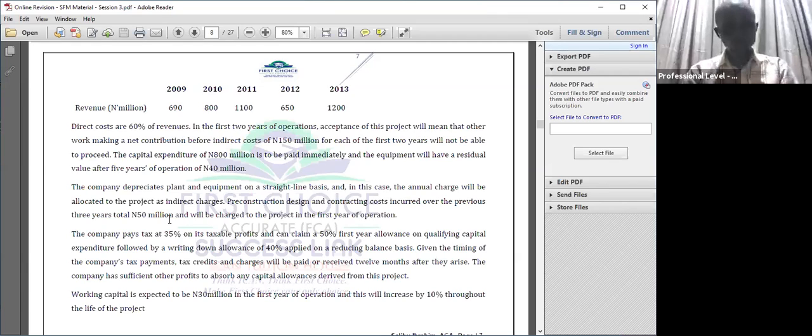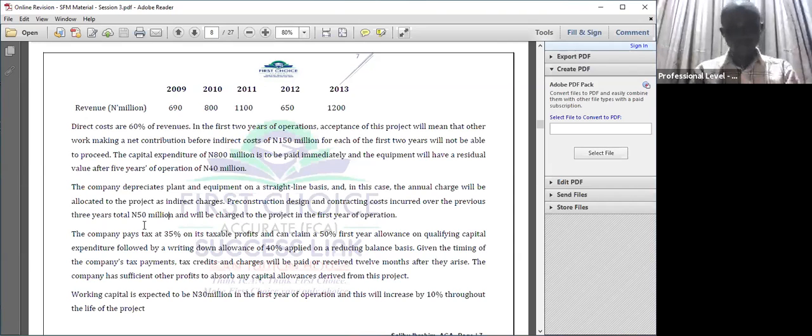In the first 2 years of operations, acceptance of this project will mean that other work making a net contribution before indirect costs of 150 million for each of the first 2 years will not be able to proceed. What is this question telling us? It is telling us that if we decide to continue with this project, we are going to discontinue some operations from where we are generating a contribution of 150 million naira.